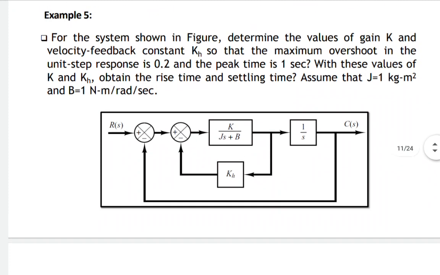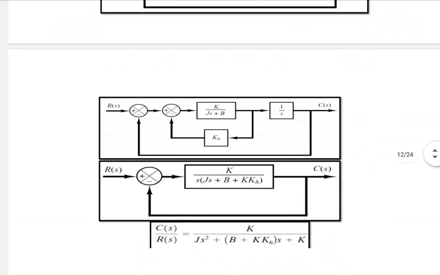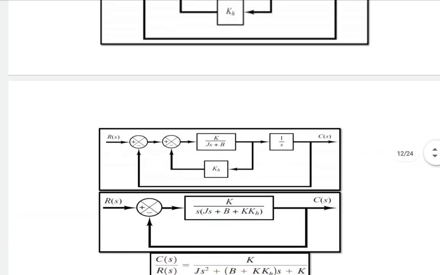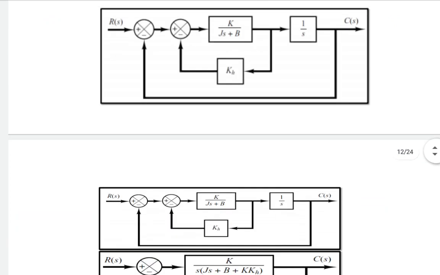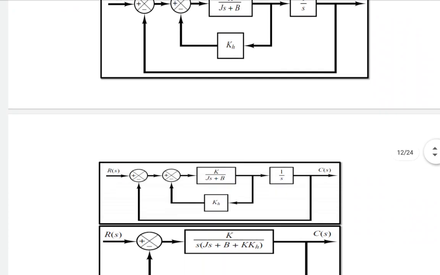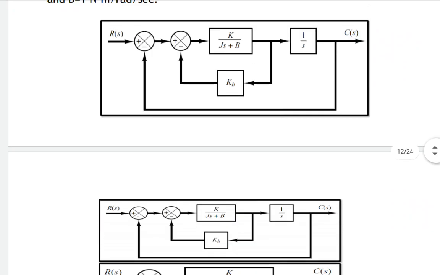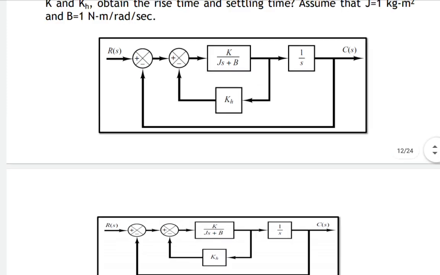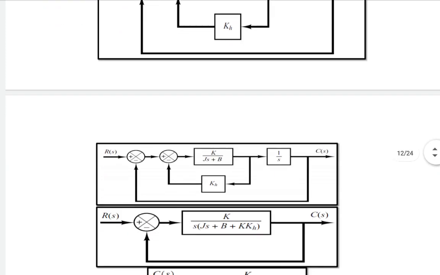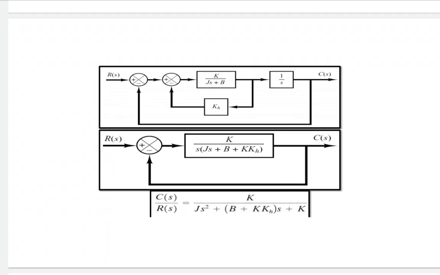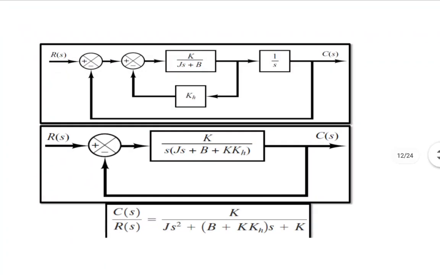What is the scenario? We have to determine the values of gain k and kh depending on the overshoot and so on. Now your first job, you just apply the block diagram reduction formula. That means you will eliminate this negative feedback path k by Js plus B and kh, with the help of the feedback elimination, and then you can cascade with 1 by s, that generates the forward path transfer function k by s into Js plus B plus k into kh.